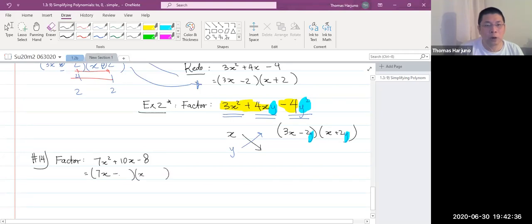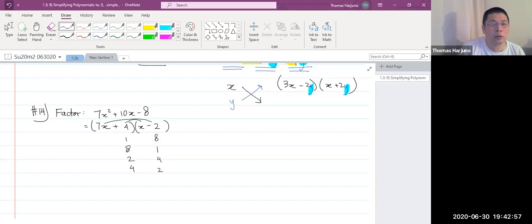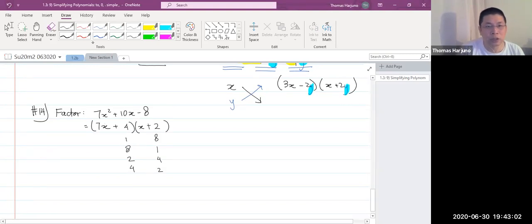Let me put for now plus minus, 1, 8, 8, 1, 2, 4, 4, 2. 4, 2 will do. This will give me negative 14 plus 4, that's negative 10. But I need positive 10. So what I do is I change the sign here and also change the sign here. Boom, that will make it.